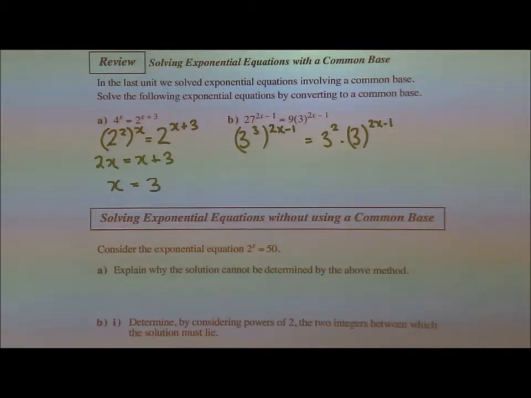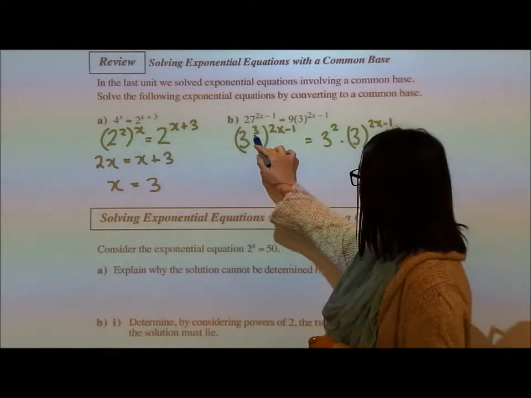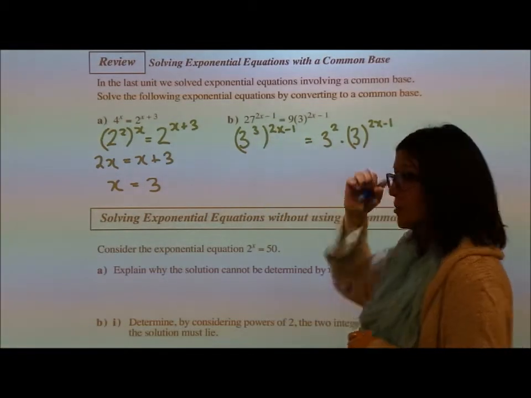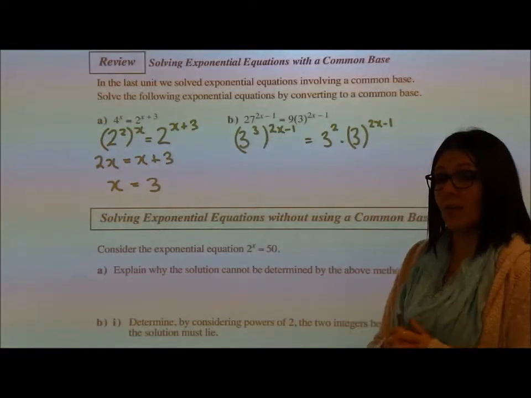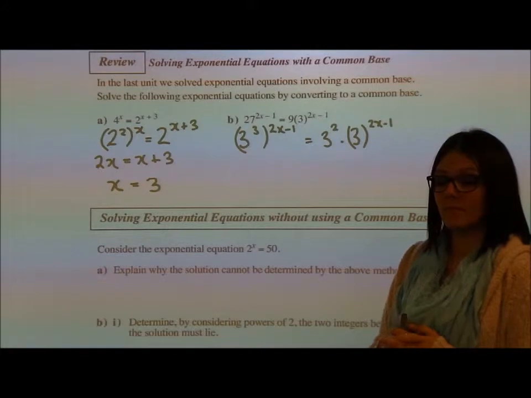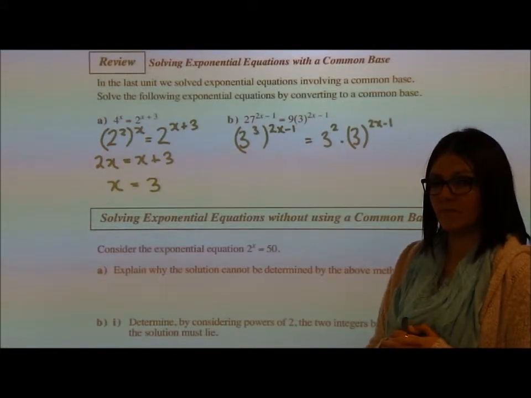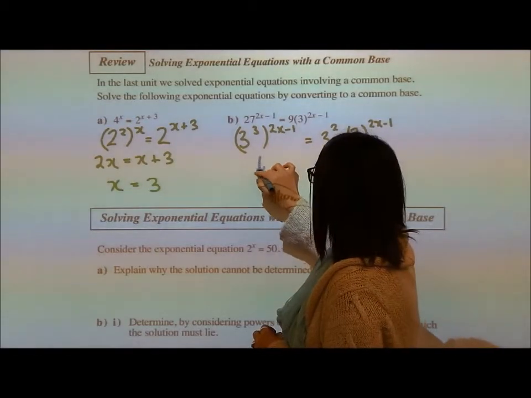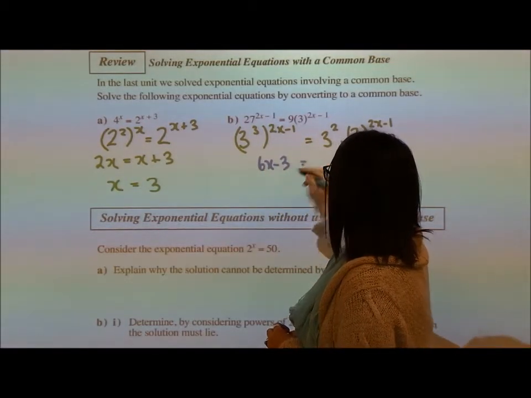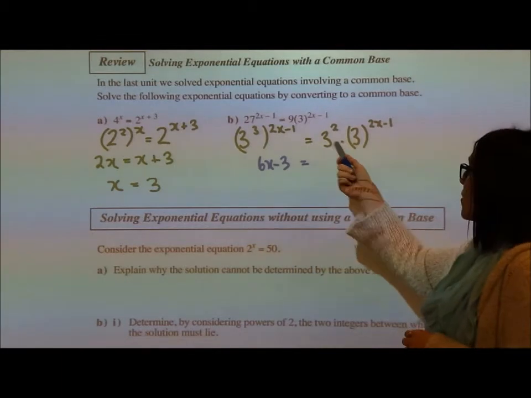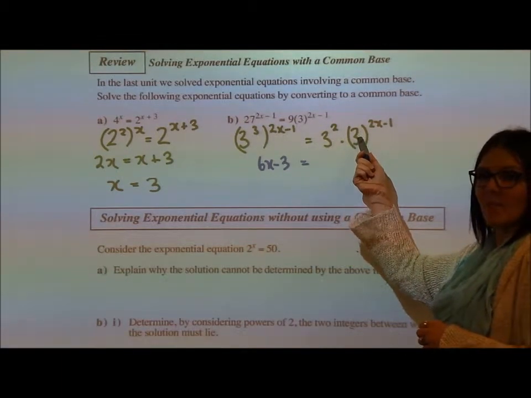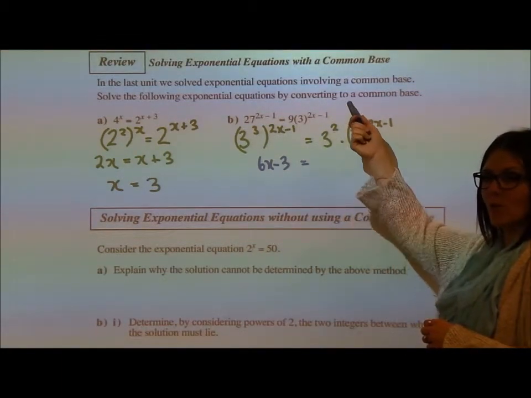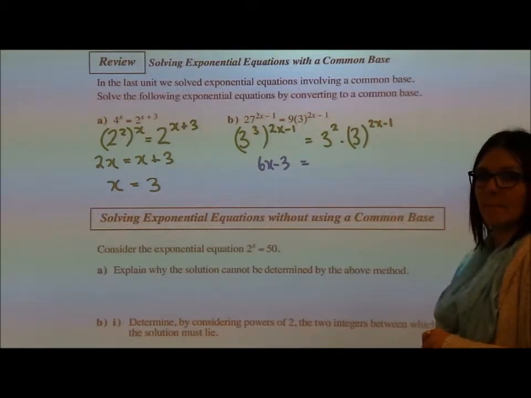Now that I have bases all the same, I can concentrate strictly on the exponents. For the first one, I'm going to multiply 3 by 2x minus 1, and what will I be left with? And then on the other side, if the bases are the same and I'm multiplying the powers, what do I do to the exponents?